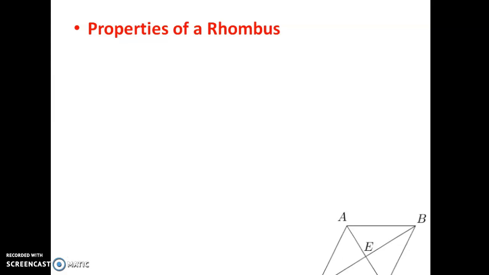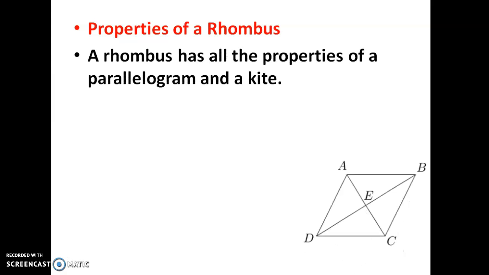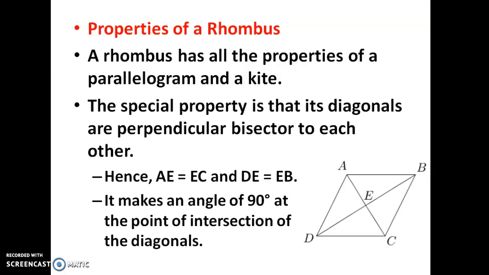Properties of a rhombus. A rhombus has all the properties of a parallelogram and a kite. The special property is that its diagonals are perpendicular bisectors of each other. Perpendicular bisector means this diagonal AC will be perpendicular to line BD, and it will bisect the diagonal into two equal halves.